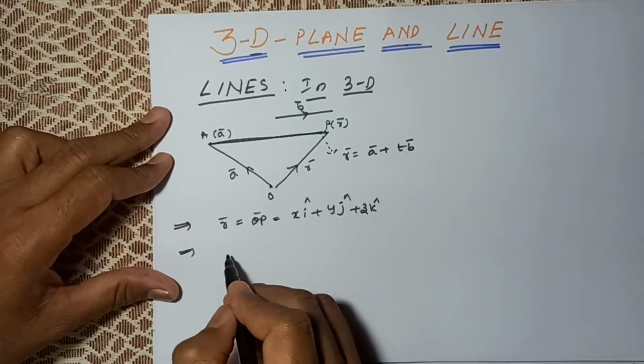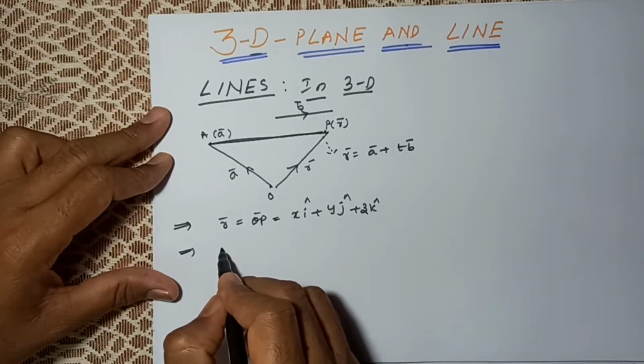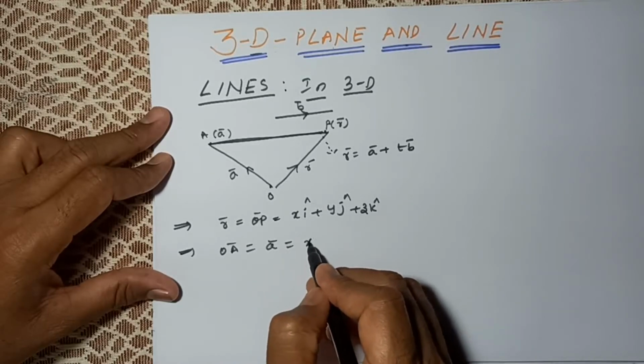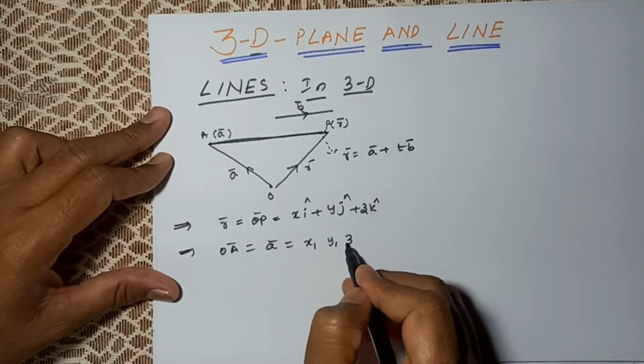Let us take the point as OA bar, that is A bar, is equal to some point x1 y1 z1.